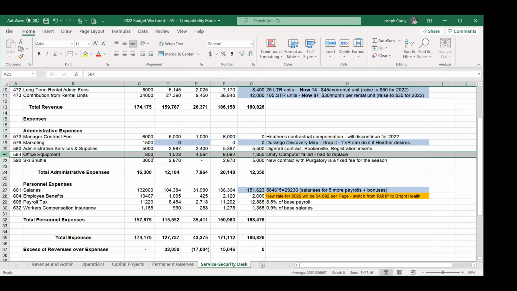Office equipment. This big number went way over budget because, about a couple of weeks ago, the key card computer at the front desk failed. And we couldn't make keys. How did you guys manage to get past that? It's a good thing it happened in the shoulder season and not in the middle of the summer.